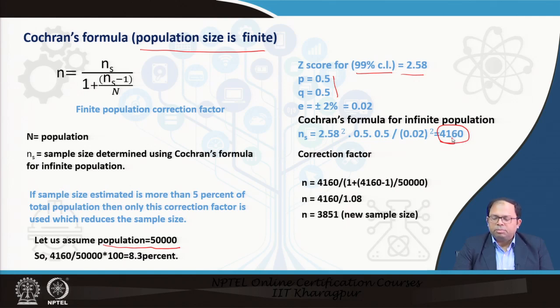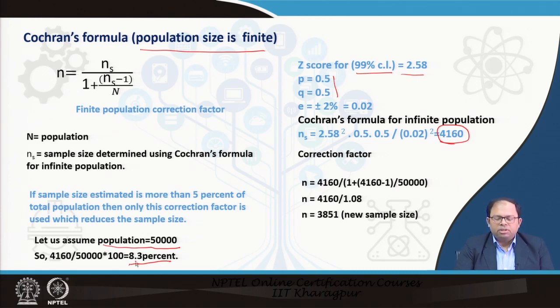This is approximately 8.3% of the total population. By a thumb rule, if the sample size estimated is more than 5% of the total population, then only the correction factor is utilized.